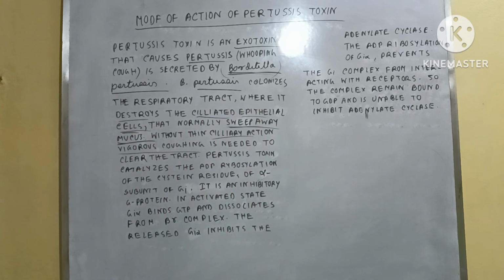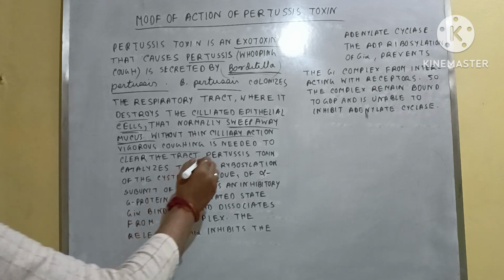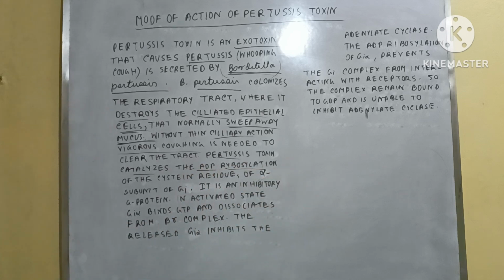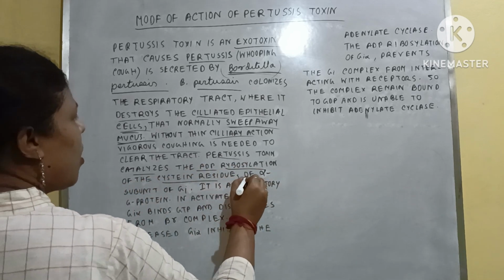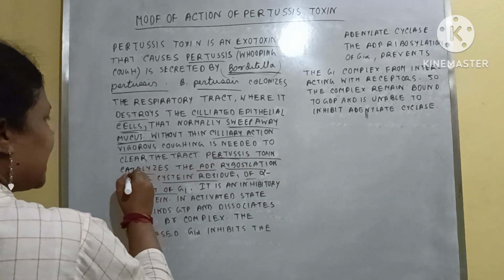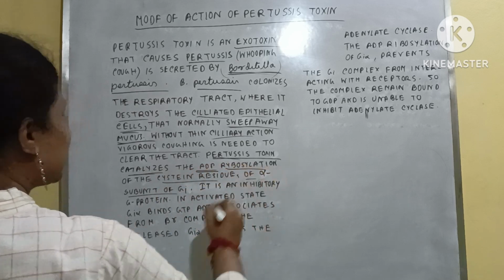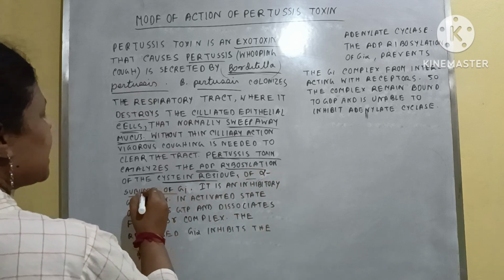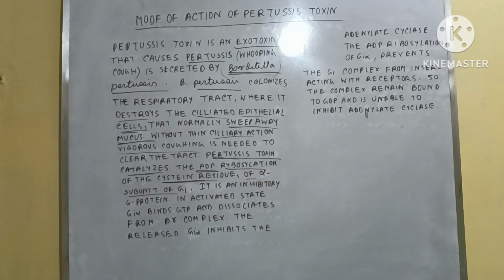So here what is actually happening is that the pertussis toxin catalyzes the ADP ribosylation of the cysteine residue of the alpha subunit of Gi. Clear? Gi means Gi protein. So what is the function of this toxin? This toxin catalyzes the ADP ribosylation of the cysteine residue of the alpha subunit of Gi protein.